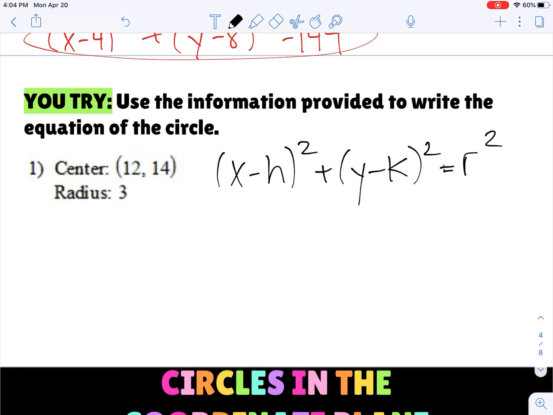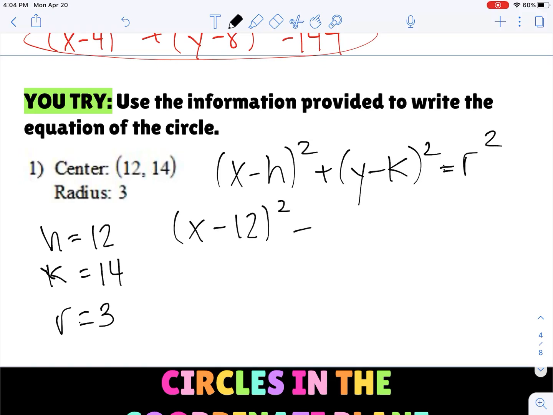The x value of the center is always h. The y value of the center is always k. And we have that the radius is 3. Substitute. (x minus 12) squared plus (y minus 14) squared equals 3 squared.